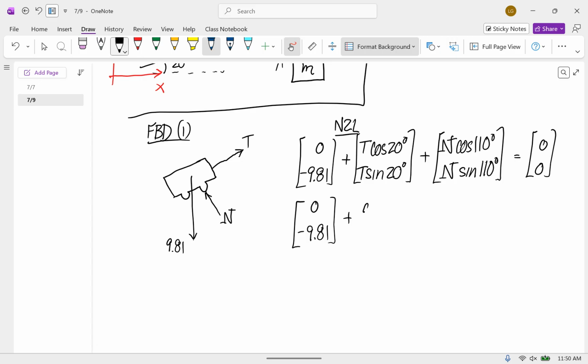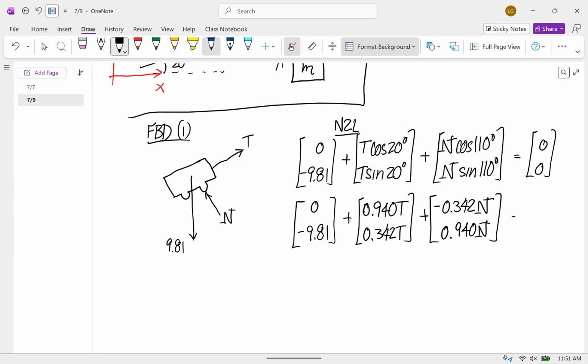And that is 0.940 T, 0.342 T. And then for N, we have negative 0.342 N, positive 0.940 N, is equal to zeros.